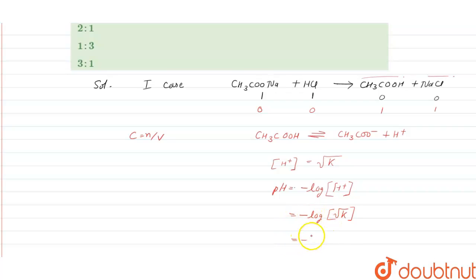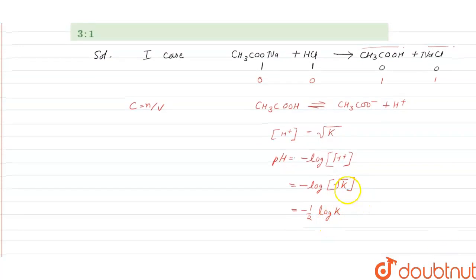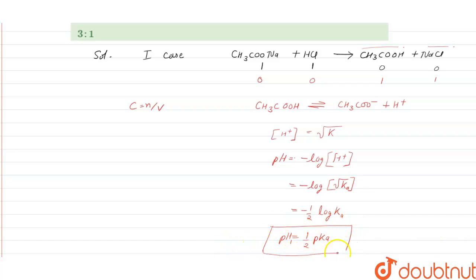Then minus half log K. Now you can see that the dissociation constant of the acid, which you can write as Ka only, so in place of it we can write half pKa. pKa is equal to minus log Ka, and that is equal to pH1. So that became our first expression, the expression for pH1.